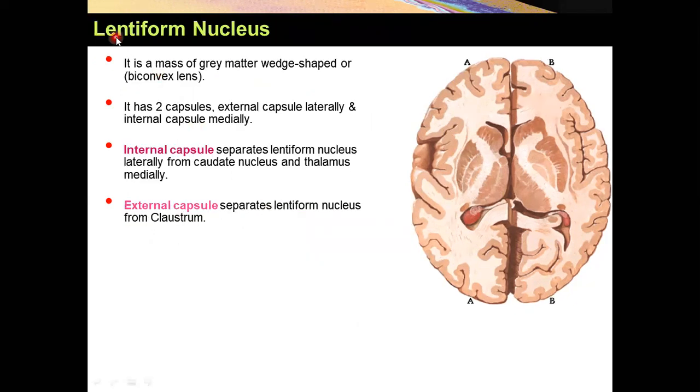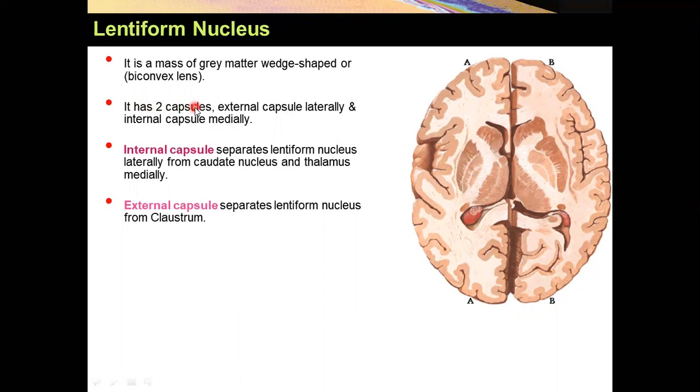Now let's talk about the lentiform nucleus. We have actually talked about lentiform nucleus and how it is formed. Well, this lentiform nucleus is a mass of gray matter, wedge-shaped or biconvex lens.